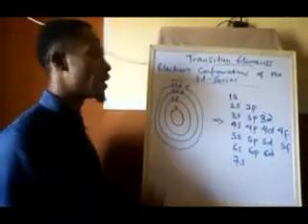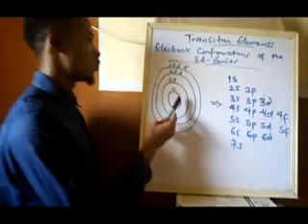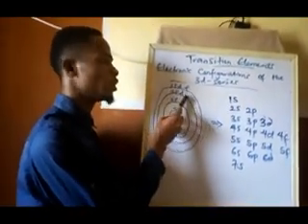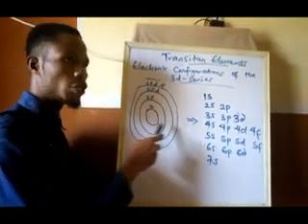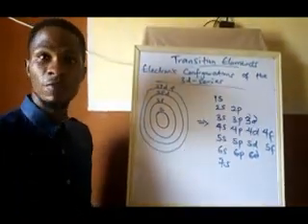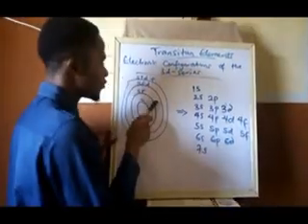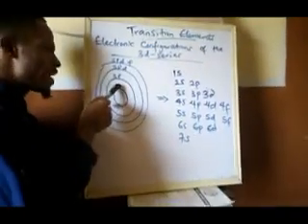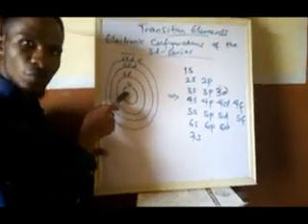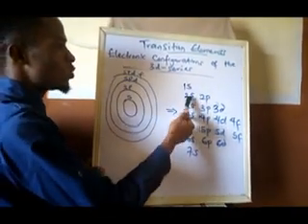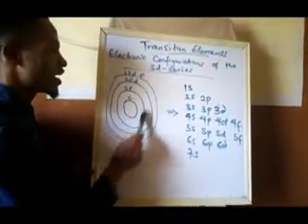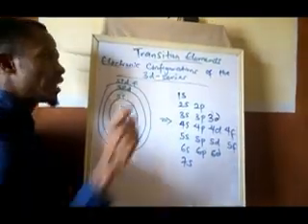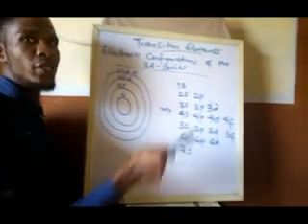Now, how do we fill in their electronic configuration? We have S in the first shell, SP in the second shell, SPD in the third shell, SPDF in the fourth shell. In the fifth shell as well, we have SPDF and the rest. Now we have 1S. 1S means S in the first shell, followed by 2S, 2P, meaning in the second shell we can see S and P. That is why we can never have 1P.